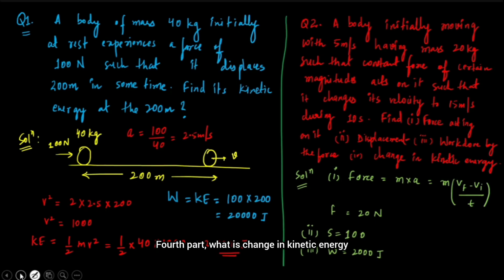Fourth part, what is change in kinetic energy? So the kinetic energy formula, and then 2 to the power 10 times 2 is 2000. Let's check it out.